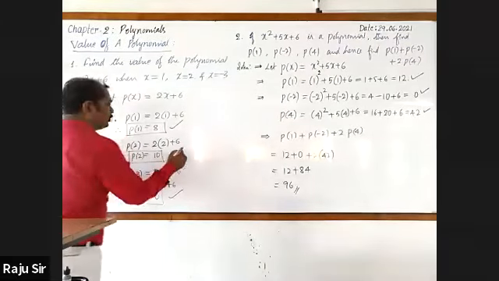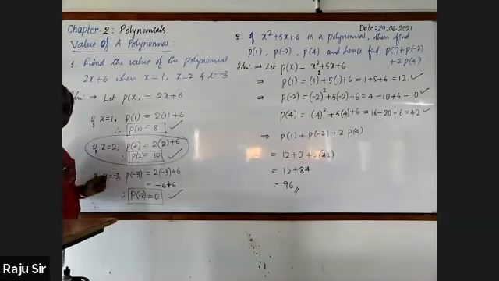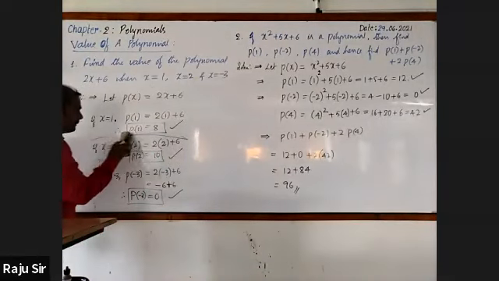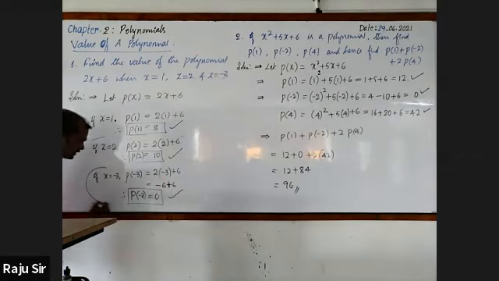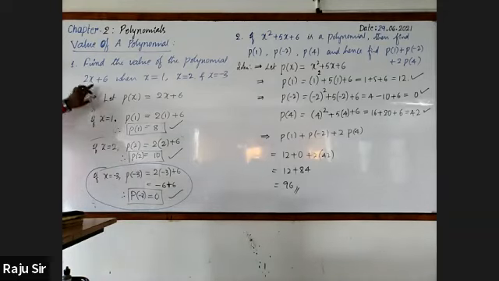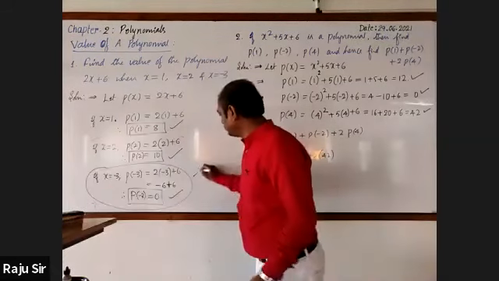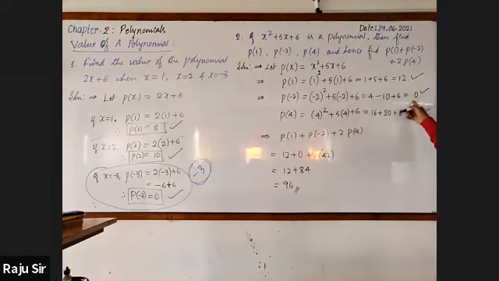I'm going to mark only that part. The value of the polynomial is 0. The value of the polynomial 2x plus 6 is 0 if x is minus 3. Similarly, here also I'll take the value 0.